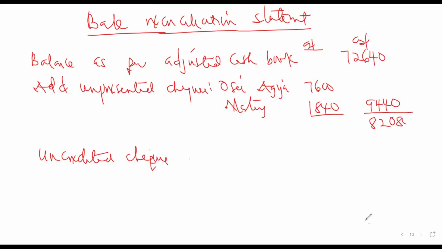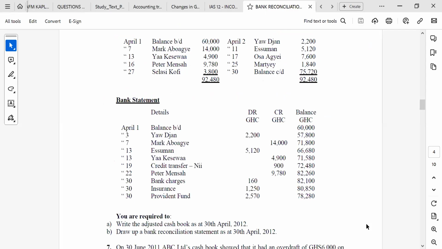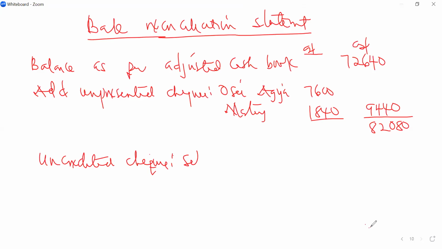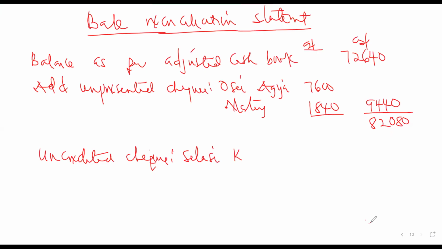So the uncredited checks, we subtract. What is the name of the person? The last, Kofi. So we have Selassie Kofi, 3,800.